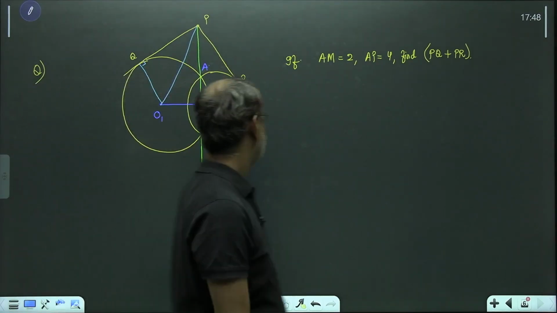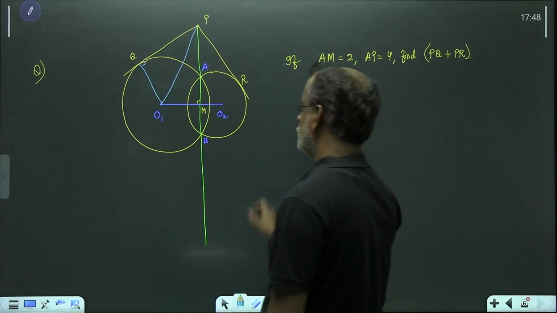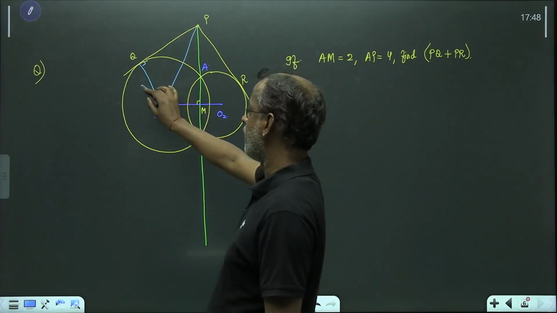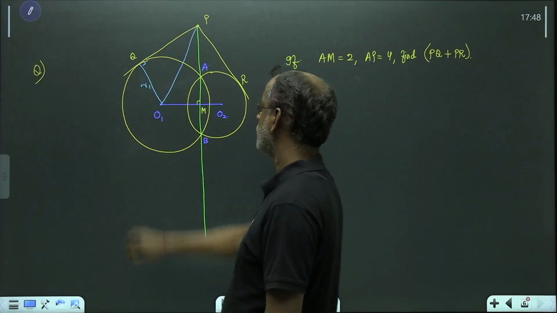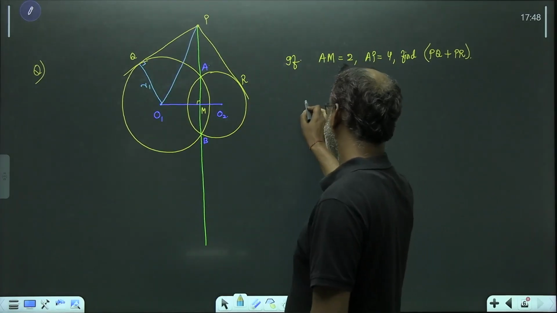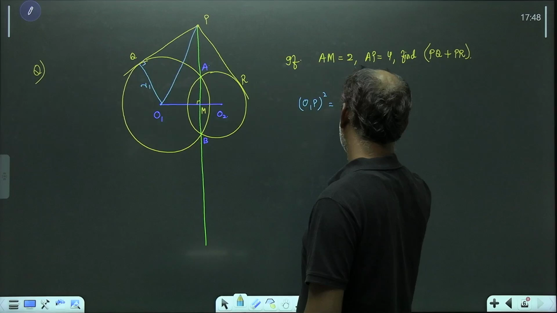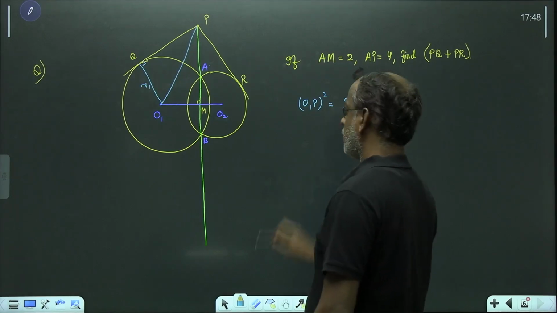So, we can say if this radius is R1, what can we say? O1P whole square is PQ square plus R1 square.